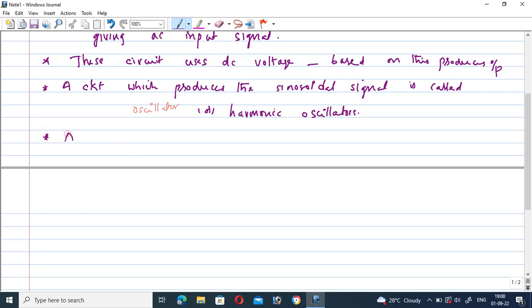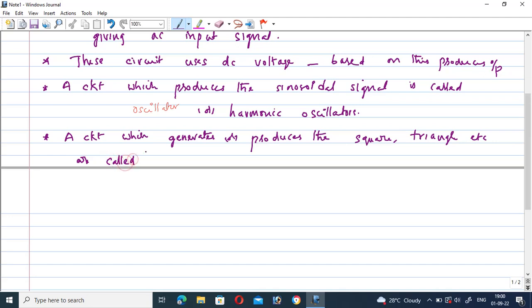A circuit which generates or produces a square wave, triangle wave, etc. is called a waveform generator.